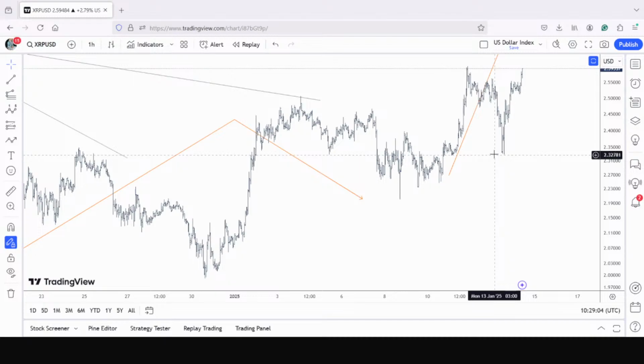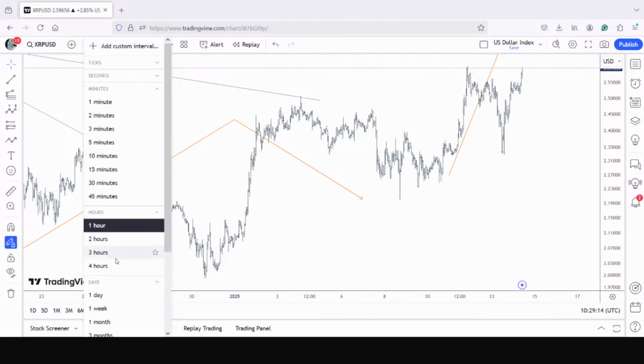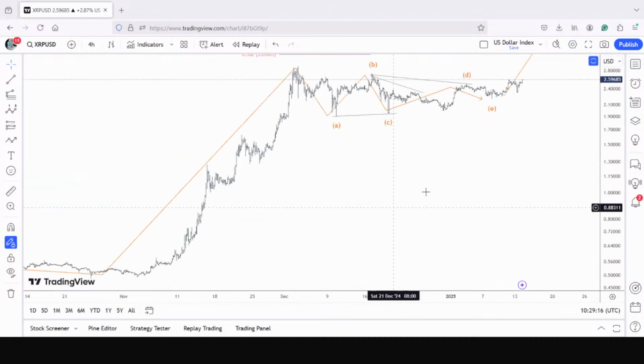We can keep ourselves floating and bring the stop around 2.32. That should at least bring us to a break even, I suppose, because around wave E we were planning to enter. But right now we can move it around 2.32, or we can move it just below wave E, that is 2.2, to be on the safer side.